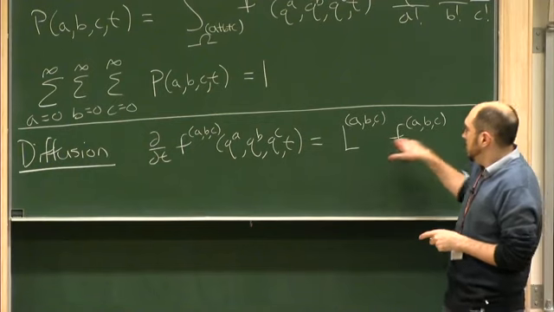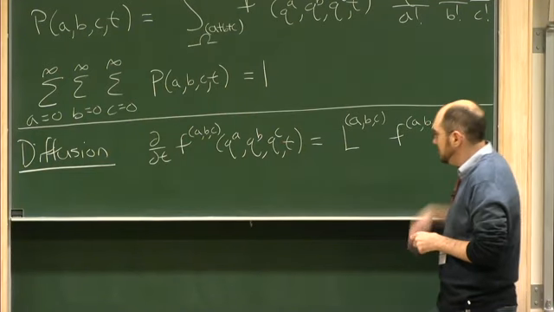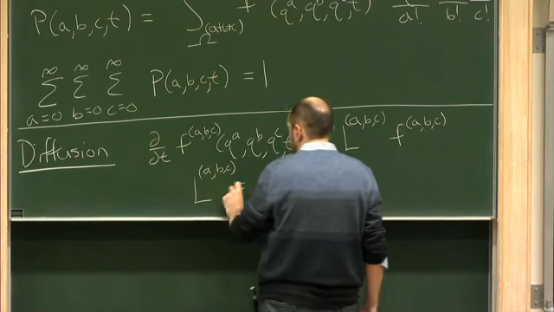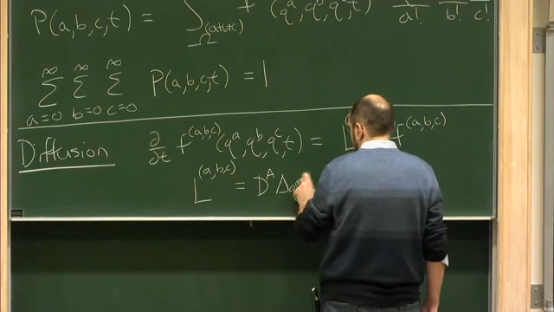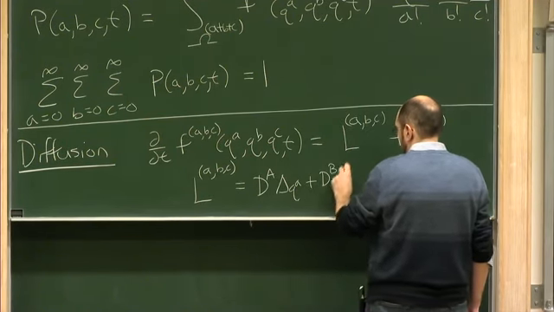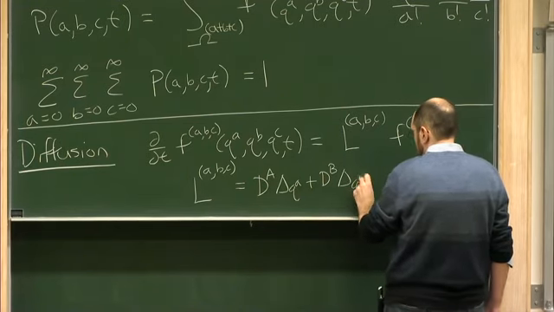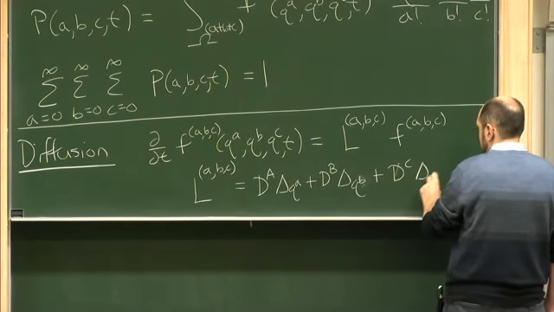So this is the diffusion operator for when I'm in the state where I have A molecules of species A and B and C. And what's that operator? Well, it's just continuous Laplacians in the various coordinates, dc Laplacian qc.